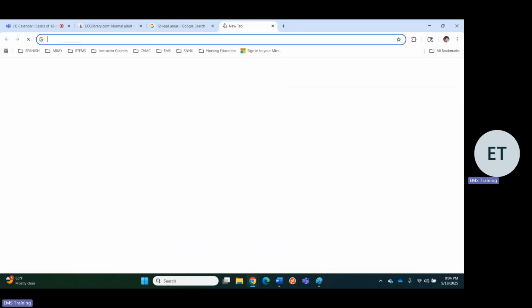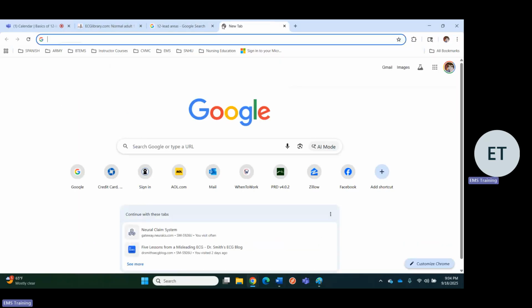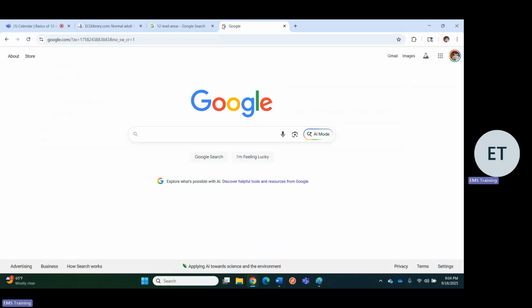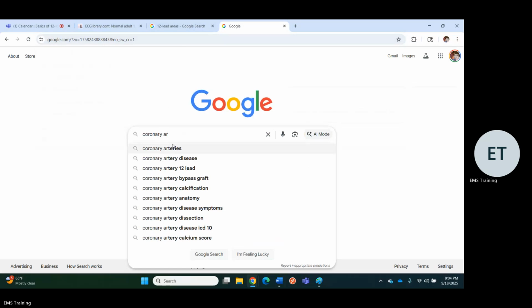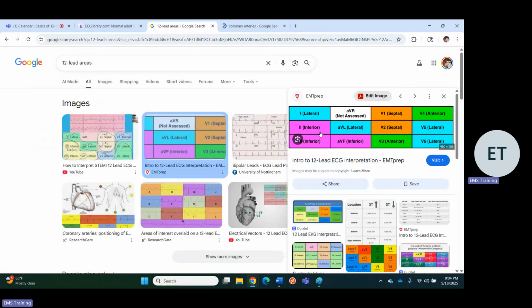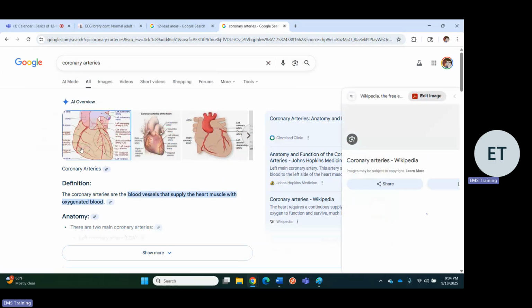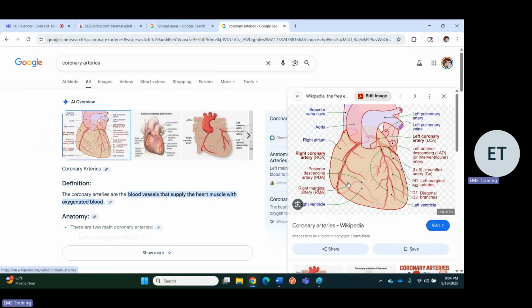Additionally, another good thing to get very familiar with would be the coronary arteries, where they run. That way, if you've identified a problematic area in the inferior section, you can ask what artery feeds it.